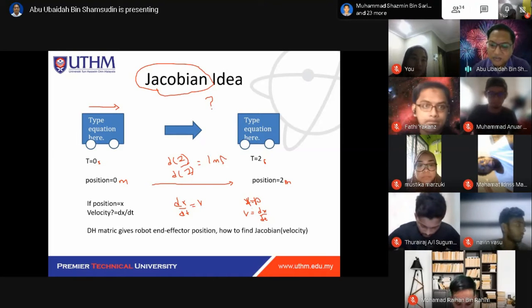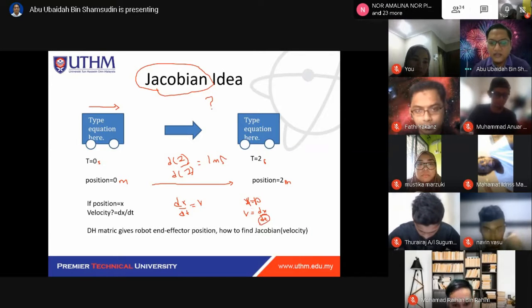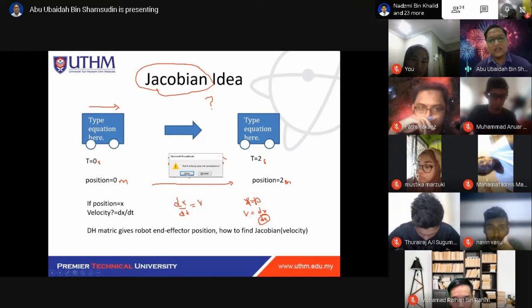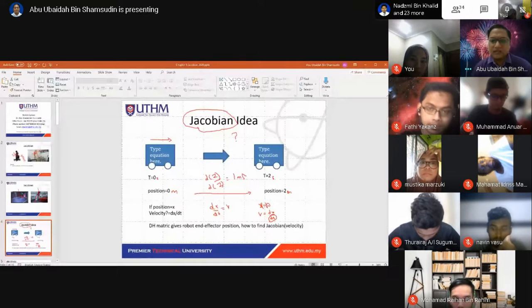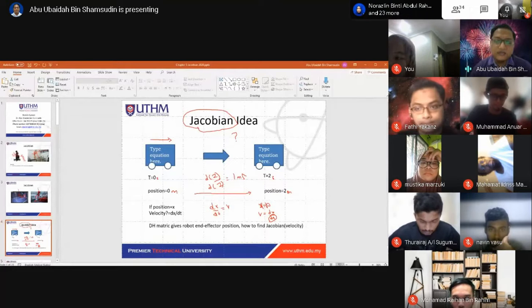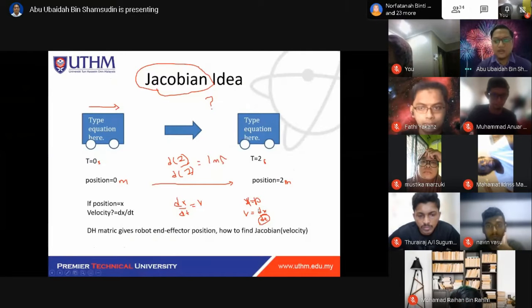So to change from position to velocity, we just need to differentiate with time. Do you remember? Right? So the same concept applies to our robot arm. It is very simple. We just need to differentiate our robot position.